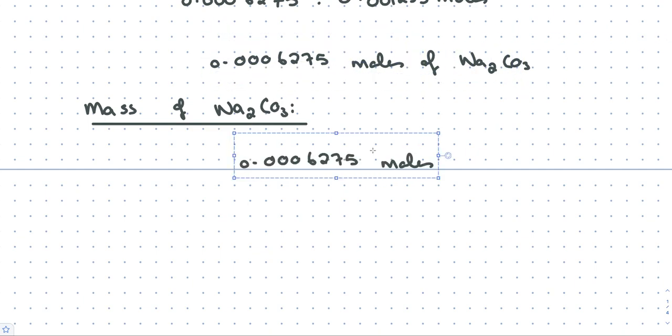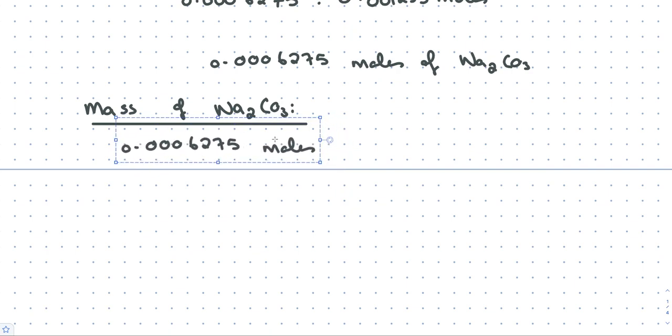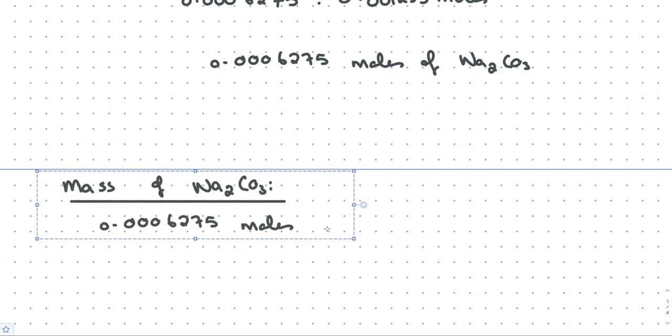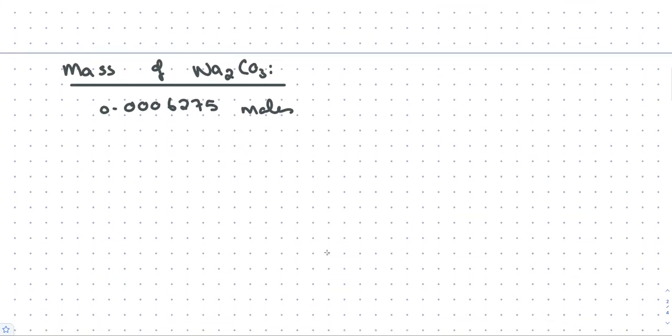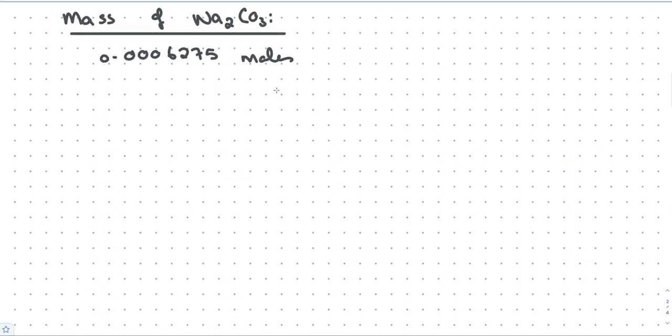I need to now think about what is the connection between moles and mass, and you should be getting really good at it at this stage. The connection between moles and mass is molar mass. So I need to figure out the molar mass of Na2CO3. How am I going to do that?